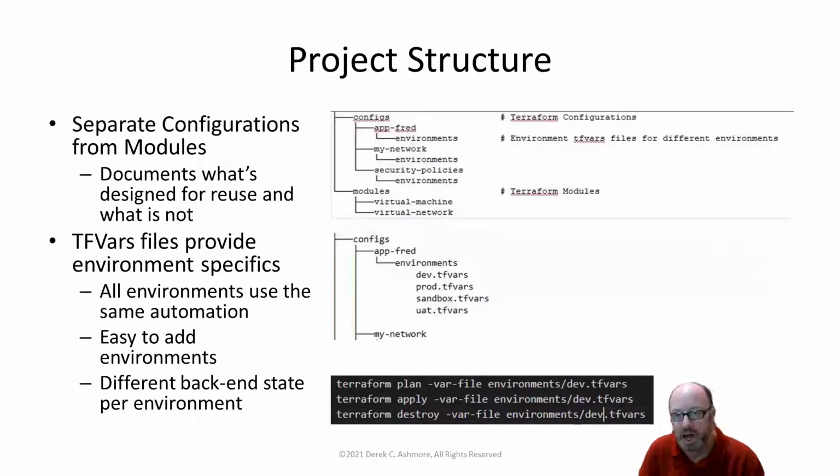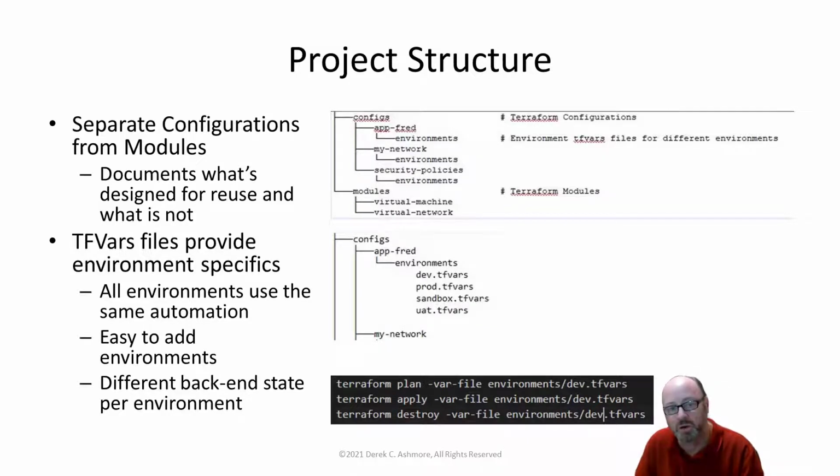All right. In the upper right, I've got a structure that my team uses for just about every Terraform project that they create. I create. Basically, the first thing to note is it separates Terraform configurations, the outer layer, from modules.